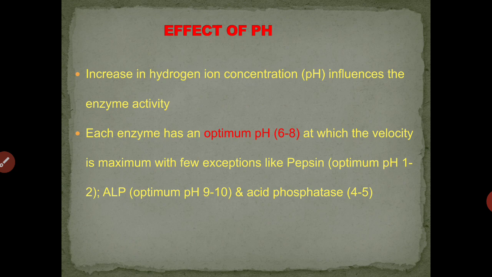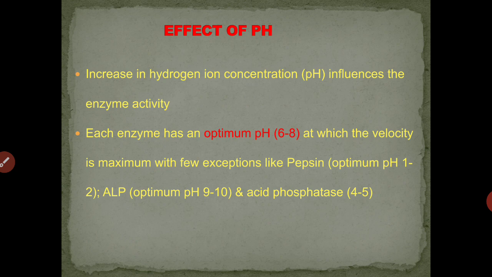So coming to the effect of pH. An increase in hydrogen ion concentration also influences enzyme activity. As with temperature, each enzyme has its own optimum pH.